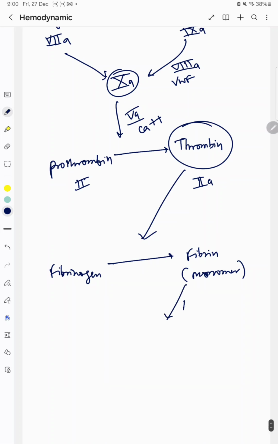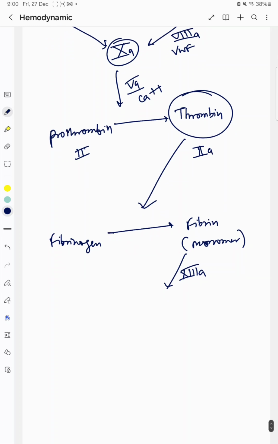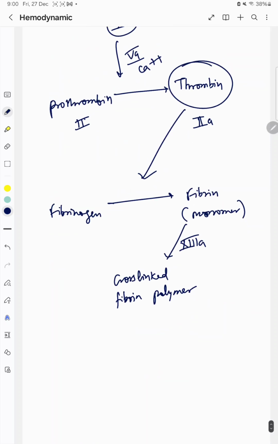Now factor 13: activated factor 13 converts these fibrin monomers into cross-linked fibrin polymer and forms a clot, a permanent clot. So this is the process, or steps, involved in the coagulation pathway.